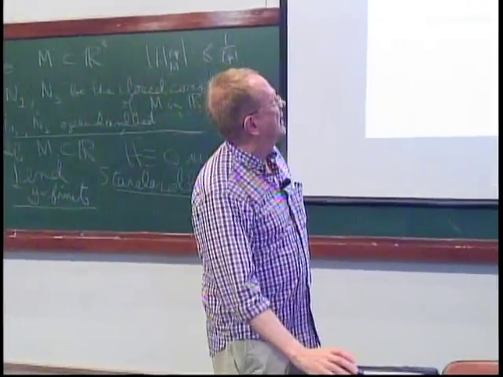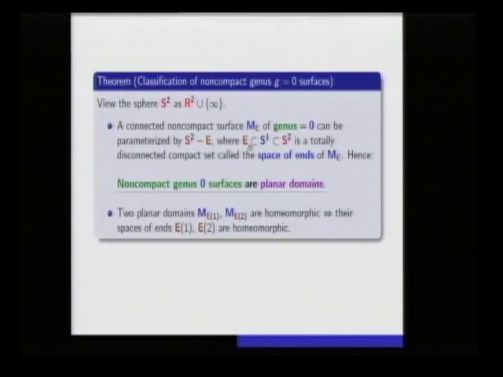I want that arc to be proper. I don't want to keep coming back into the same compact set. It's not a very efficient way to go to infinity. So proper arcs are the way to go. So we can identify in this setting the set E: every point in the set becomes an end of the surface. And notice E has a topology on it, a subspace topology. In fact, it's a metric space.